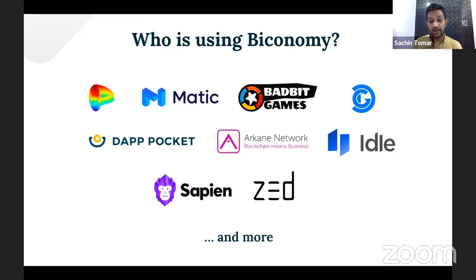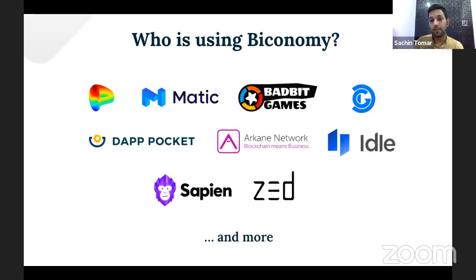Matic is actually a layer 2 blockchain. Matic is using the Biconomy solution to enable that seamless experience on that layer 2 blockchain. Badbit is a casino game on layer 2 that is using Biconomy, and Idle Finance is another one. Sapien is there. So more than 10 applications are using Biconomy right now.